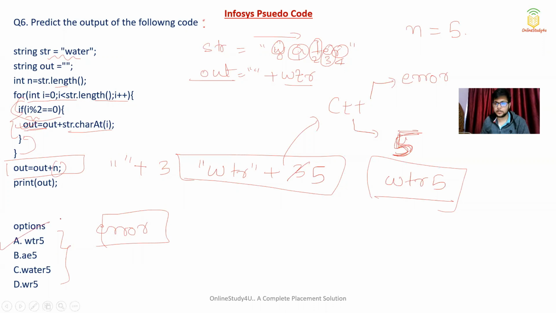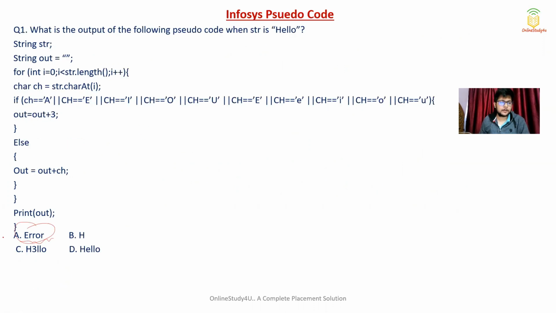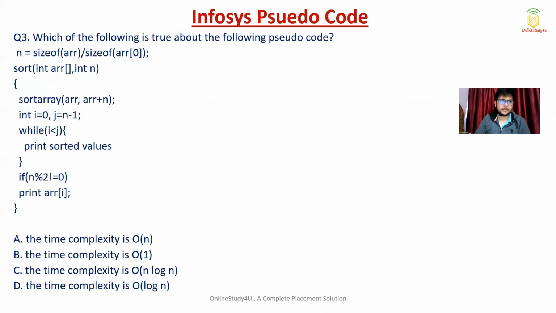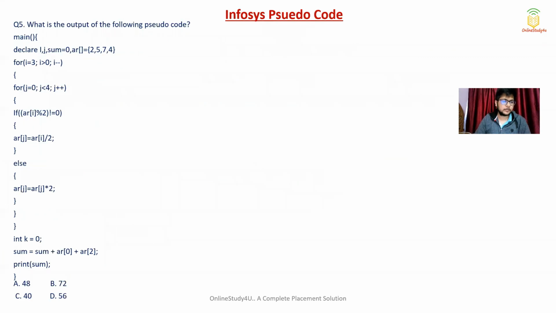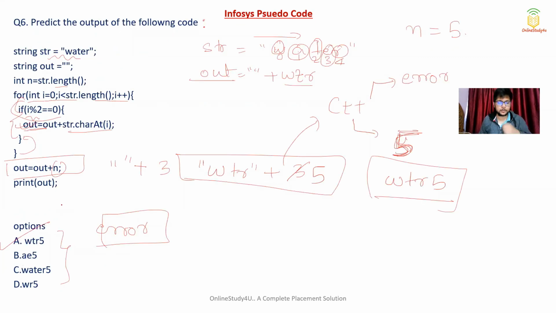WTR5, that is A. So it is a bit ambiguous from Infosys that they have given two types, where in one question the possible answer is error as well, but in the last one right here there is no such option.